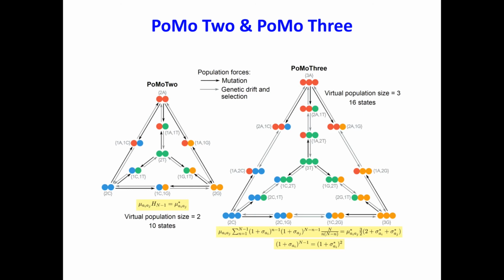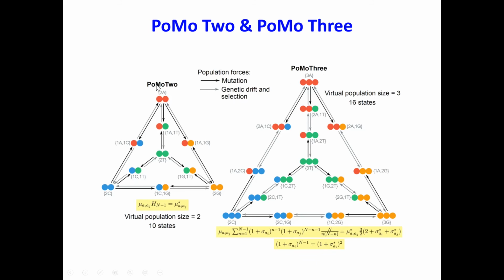They're slower. So while we were originally not too focused on how many intermediate polymorphic states we should have, we now, given the harder computational tasks, thought we should really think about how many we need. The good news is you can mimic the dynamics already with a POMO2 and a POMO3 model.